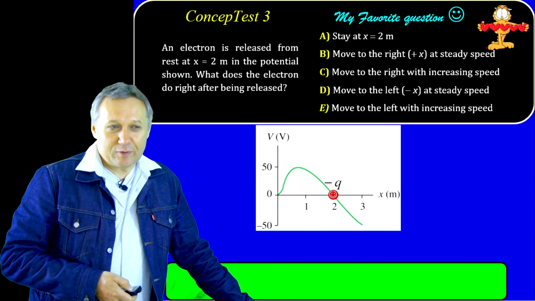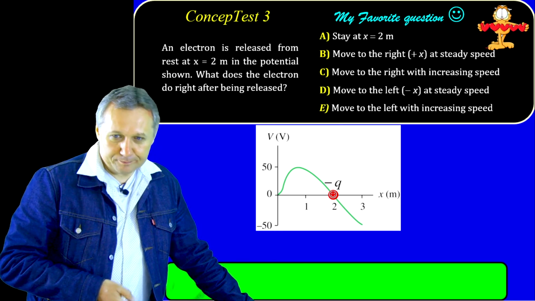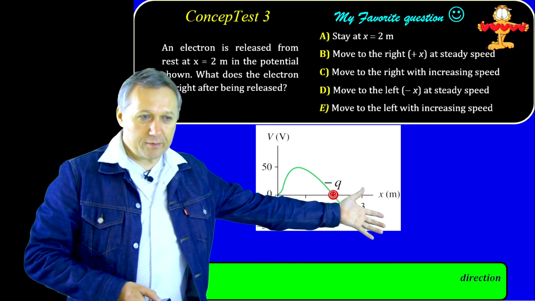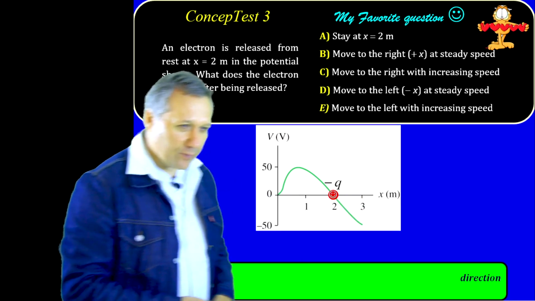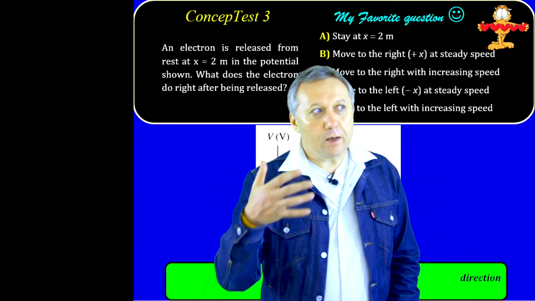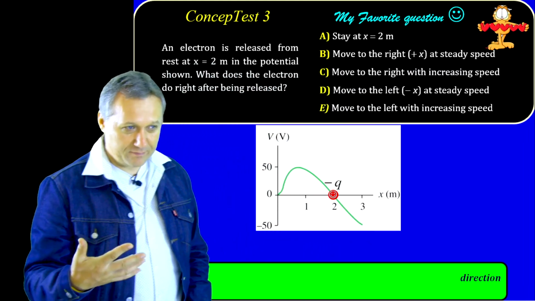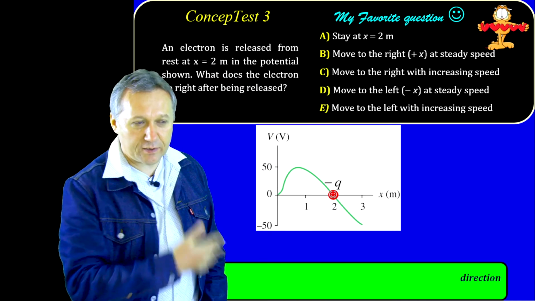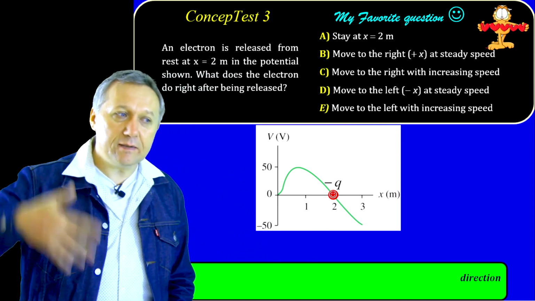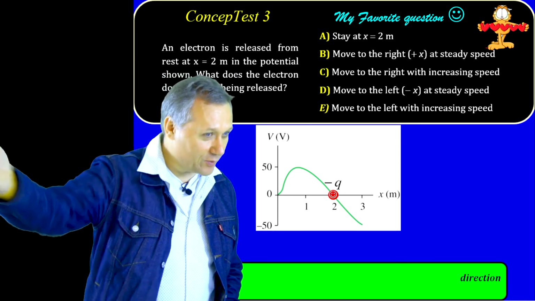Okay, so now let's start from the very end. We need to get information about the direction of motion. How can we get information about the direction of motion? So what is the direction of motion? Basically, we need to know what happens with position x, in this case the position of an electron. So we just need to know what happens with x in time. If x is growing in time, it moves in the positive x direction.